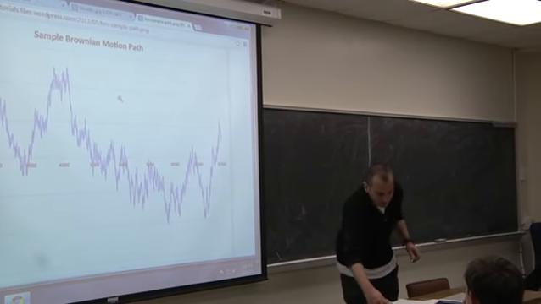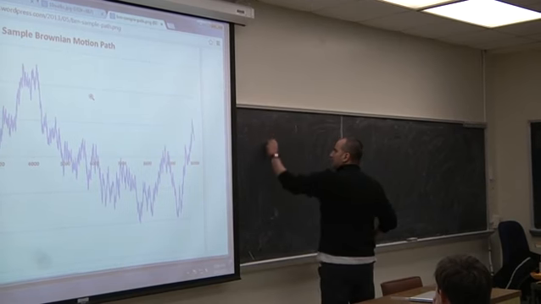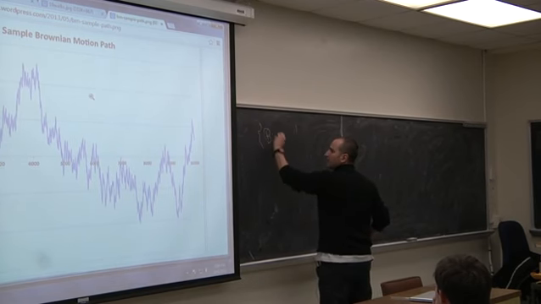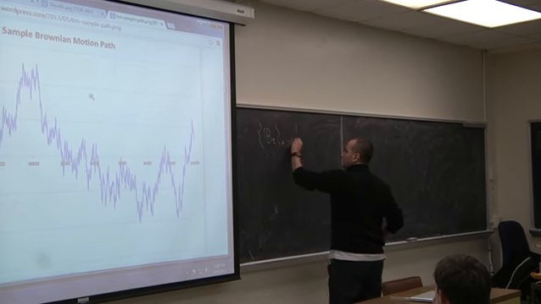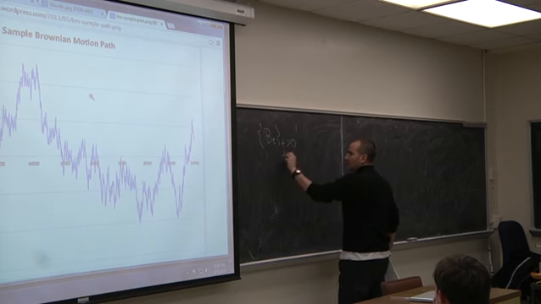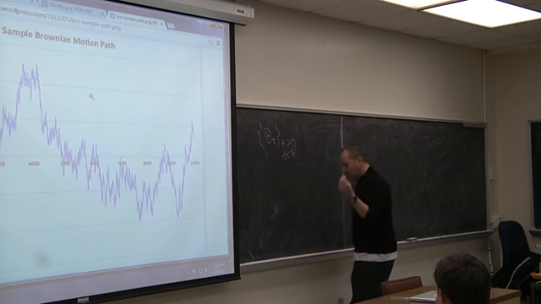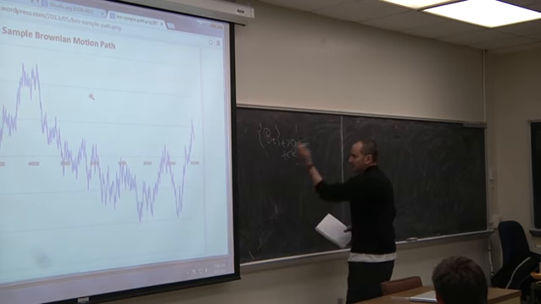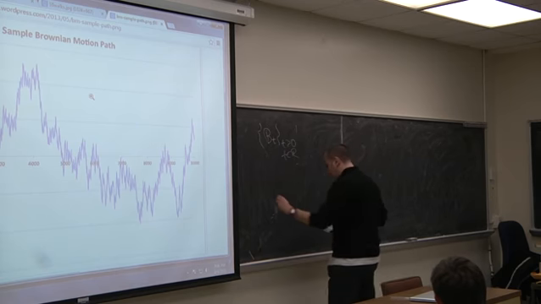We have a stochastic process now in continuous time, Bt, indexed by t belonging to R. That's why we call it continuous time, not that t means time or anything like that.